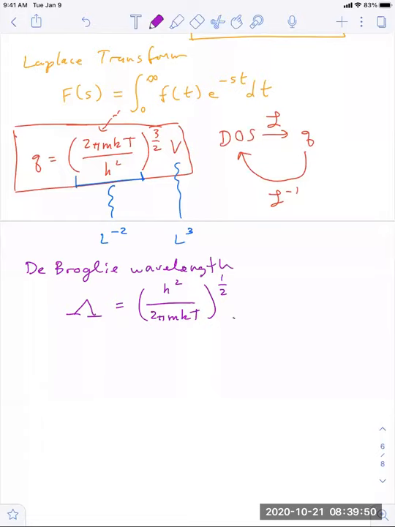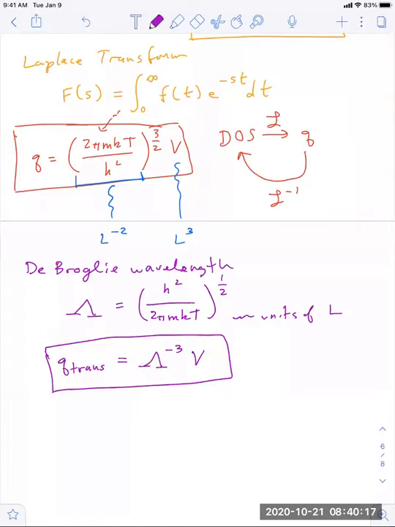And so this has units of length. Recognizing again that our partition function should be unitless, so these units have to cancel out.